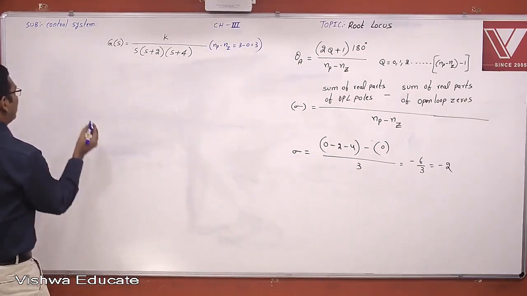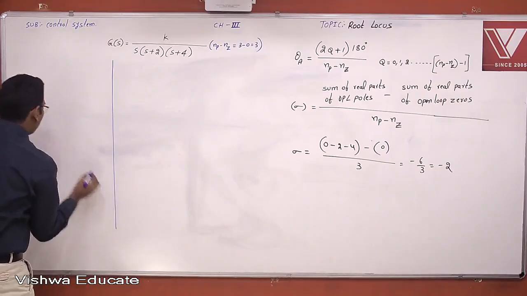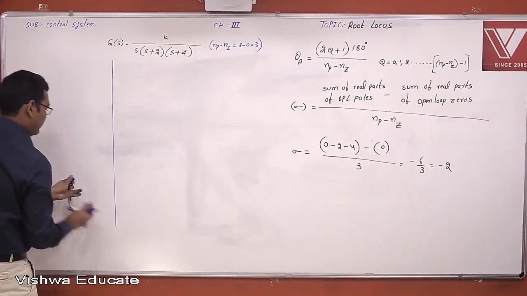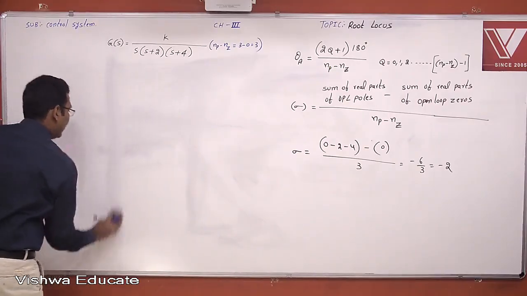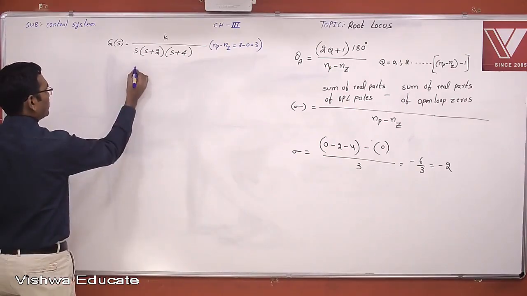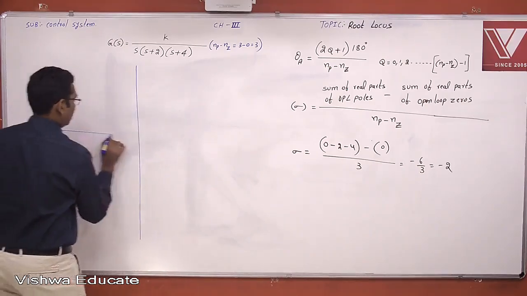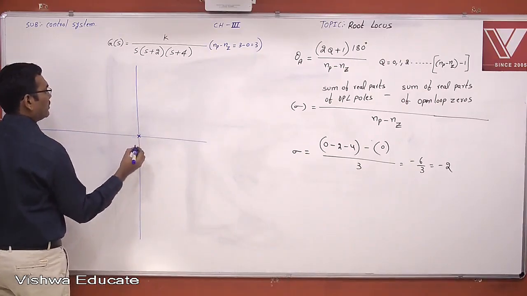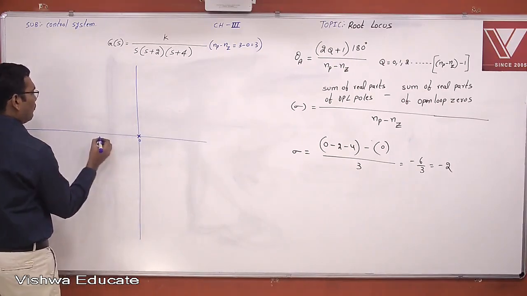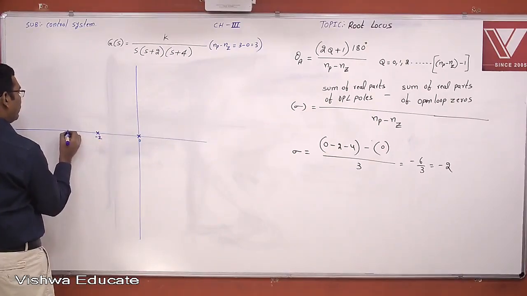Now this is the s-plane. Identify the poles and zeros on the plane. Locate the poles and zeros on the plane and identify the root locus branches first. Now one pole is at the origin, one pole is at minus 2, and one pole is at minus 4.